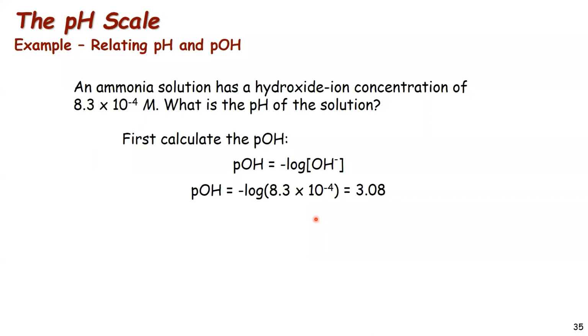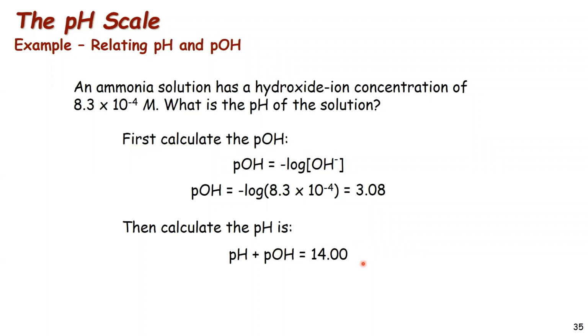And then we could use the relationship that the pH plus the pOH is equal to 14. Plug that in for the pOH and solve for pH. So it's going to be 14 minus, we're going to bring it to this side, so minus the pOH, minus 3.08. And so the pH is 10.92.